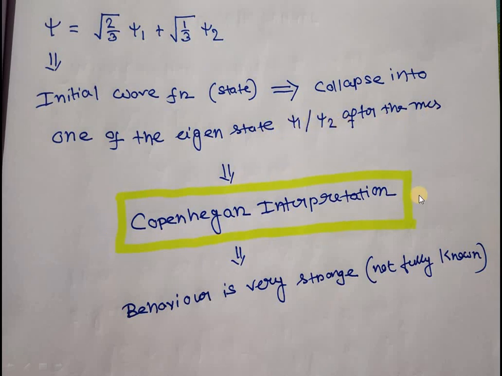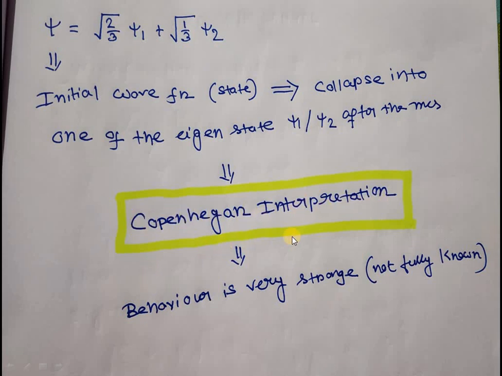There is a lot of debate about this interpretation, because its behavior is very strange: the wave function, which is initially a superposition of these two wave functions, is totally collapsed after the first measurement. It will not remain the same, it will become either psi1 or psi2.